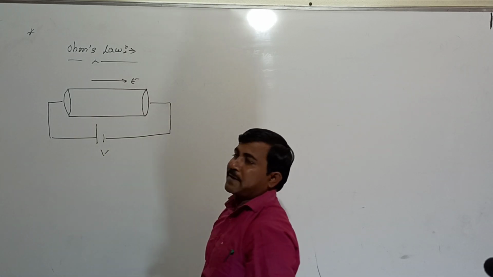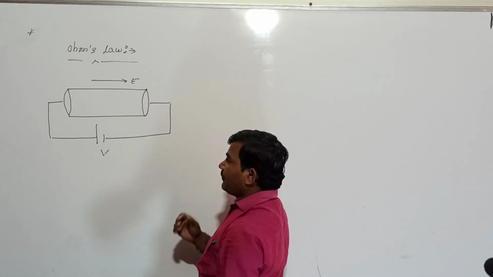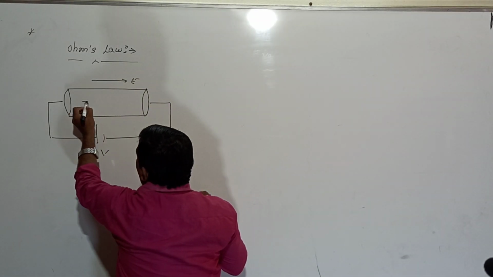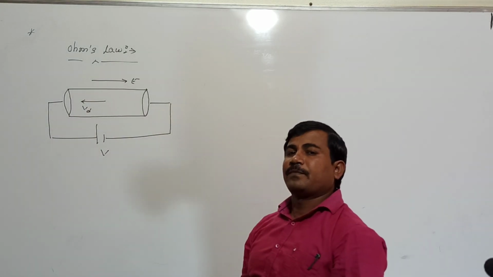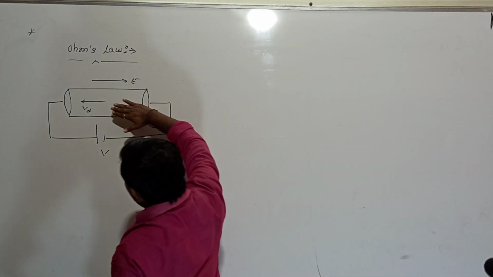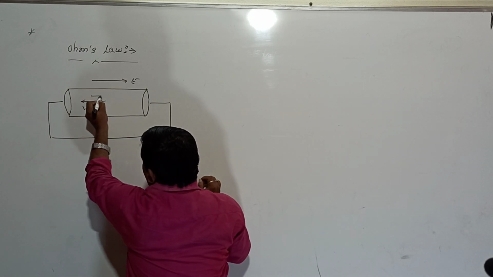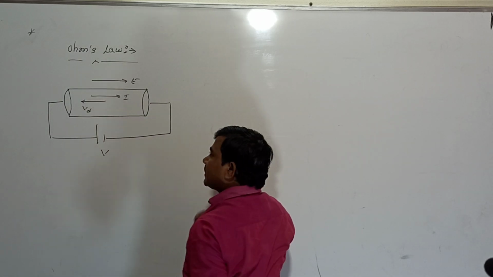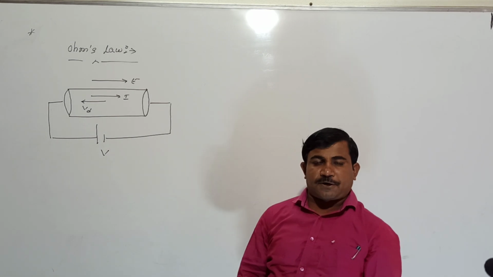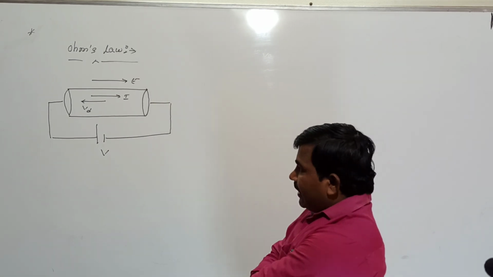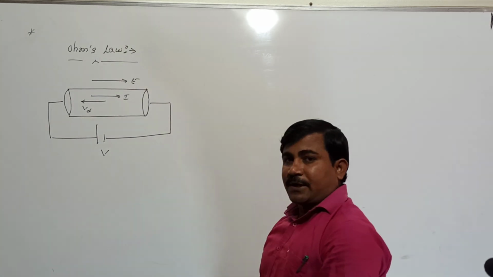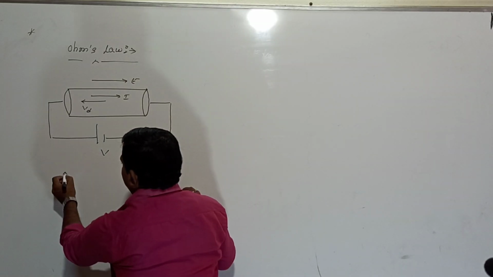When potential difference is applied, electric field is set up, and due to this electric field all the electrons move with the drift velocity. When electrons are moving with the drift velocity, current is set up. Current is set up opposite to the direction of motion of electrons. Students, we know the expression for drift velocity of the free electron.